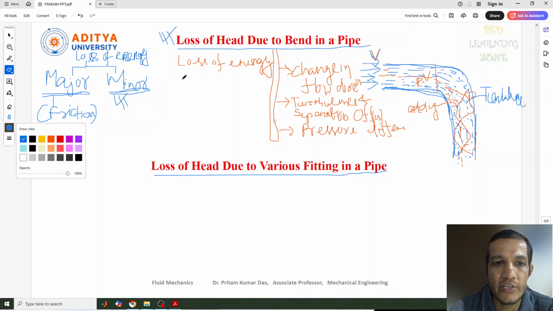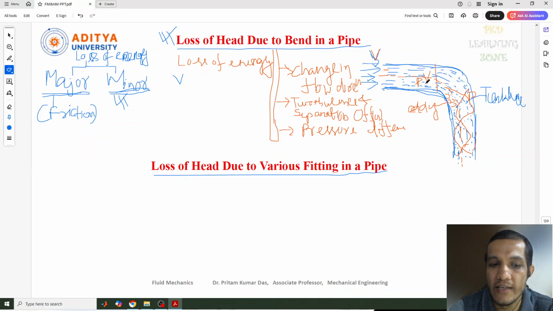The velocity of flow changes due to the separation of the flow from the boundary, and the eddy formation takes place, and due to that the energy loss is identified. And for that, the loss of head due to the pipe bend, we can write in terms of an expression: HB equals K V square by 2G.